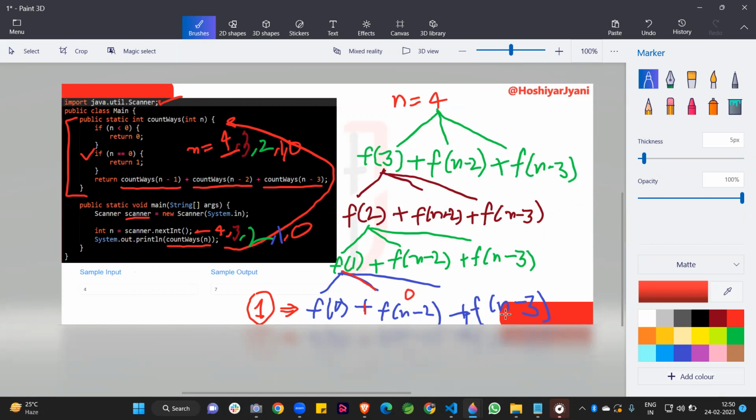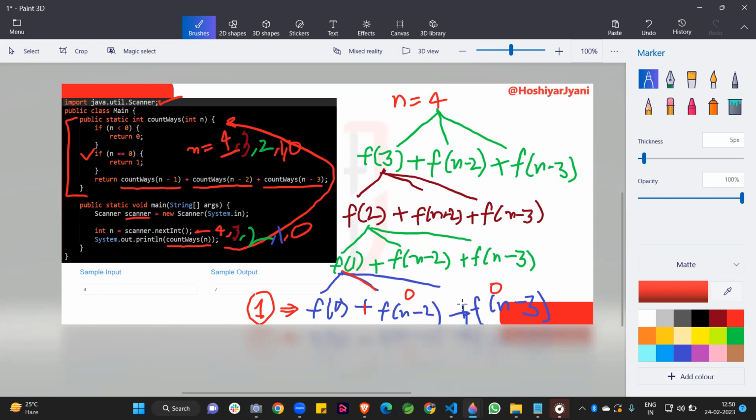And for this function also, you can see here n minus 3. So what is the value of n here? N is the same, 1. So n minus 3 is minus 2. So when f is called for minus 2, n is less than 0 because n is minus 2, then return 0. So this method also returns 0.